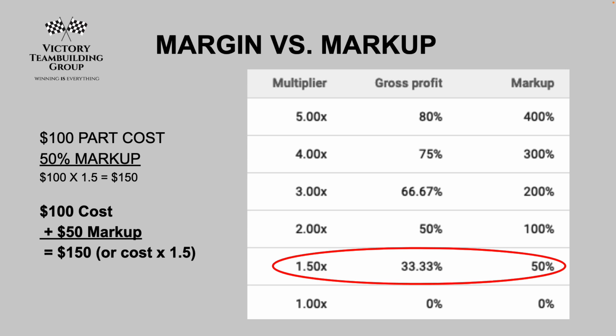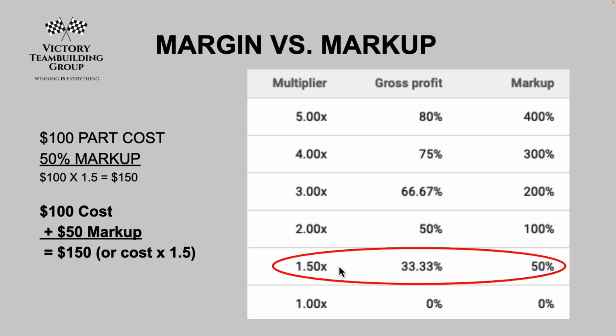If I want to do a 50% markup, we're going to multiply the cost by 1.5. And this is what your parts markup matrix is doing. So if you want a 50% markup, it's going to take the cost of that part, that $100 right there, and multiply it by 1.5 to give you your sale price. That's how much it's going to cost the customer.